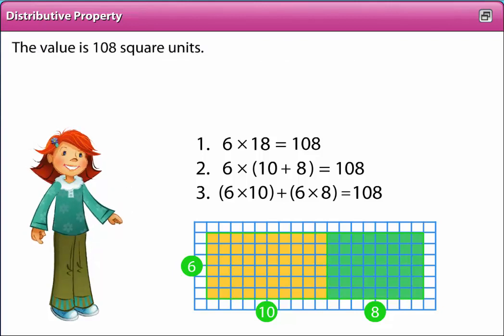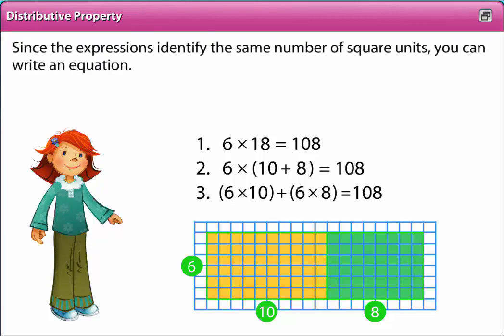The value is 108 square units. Since the expressions identify the same number of square units, you can write an equation.